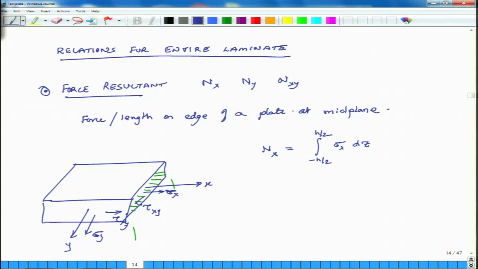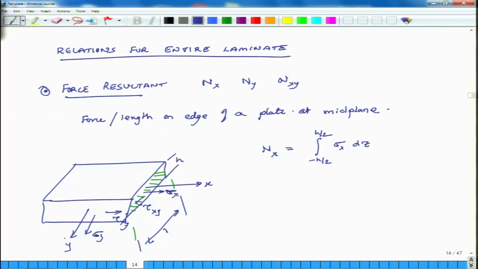What this effectively means is that if the plate has a length, and this dimension is unity, then Nx is the force per unit length of the plate, and h is the thickness of the plate, this is h.